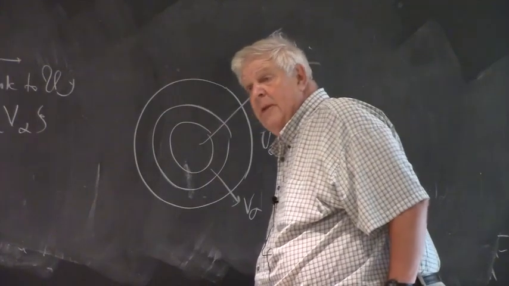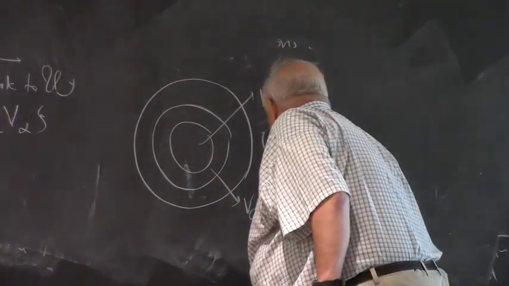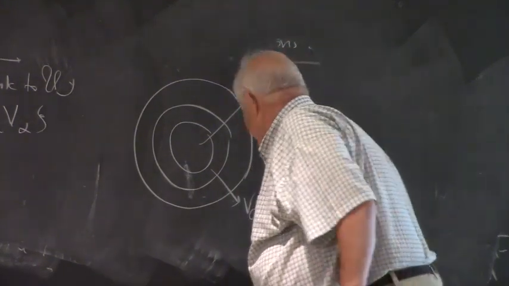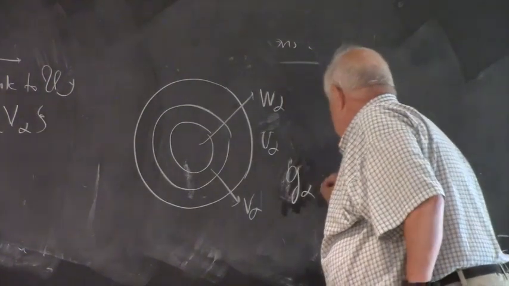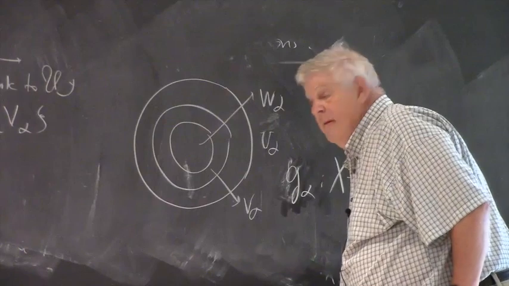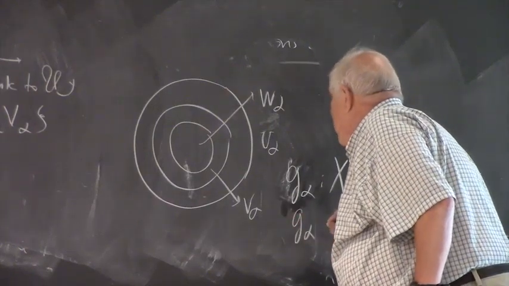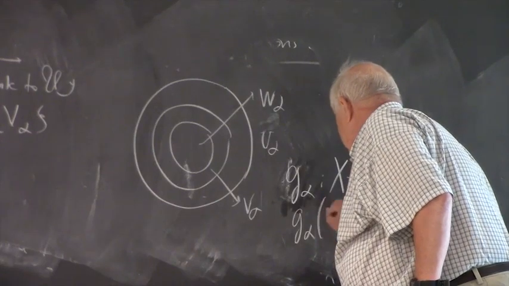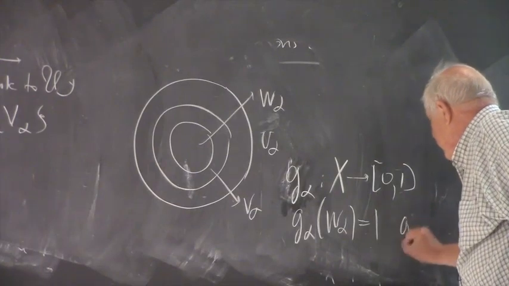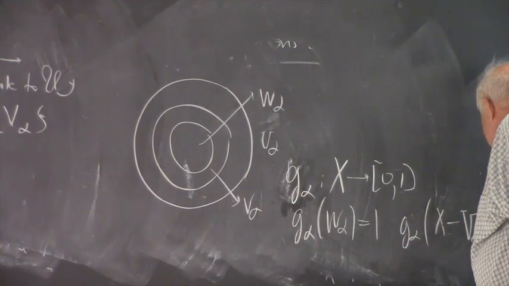Then I apply the construction which I already have, and I define a function g alpha, rather than f alpha, because f alpha will be different. G alpha from the whole X into [0, 1], smooth, so that g alpha on V alpha is 1, and g alpha on the complement to U alpha is 0.